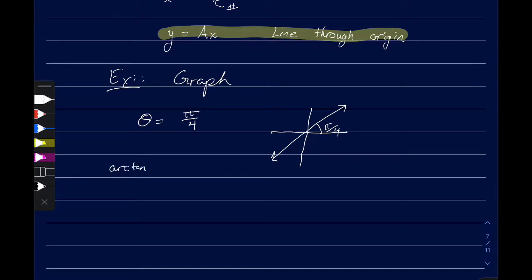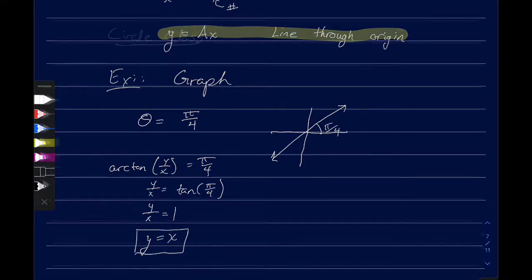We have that the arctangent of y over x is equal to pi over 4. So that says that y over x is equal to the tangent of pi over 4. The tangent of pi over 4 is simply 1, so y over x is equal to 1. So y is equal to x, just as we hypothesized.